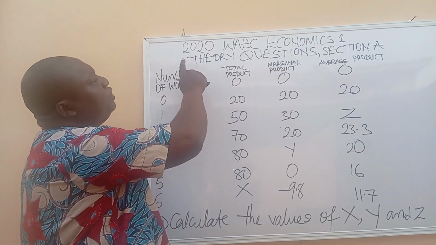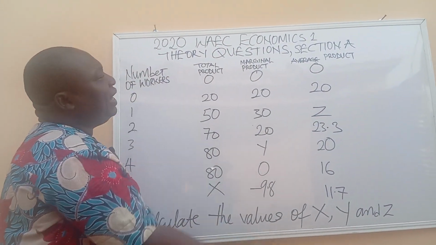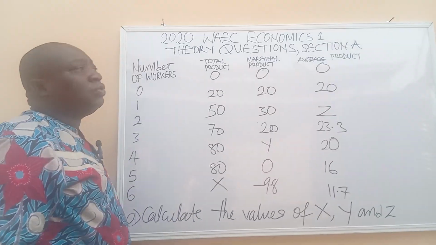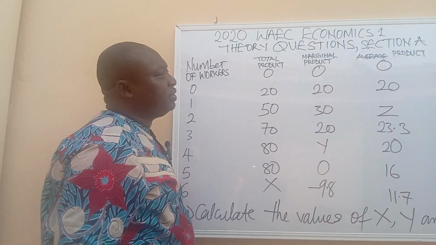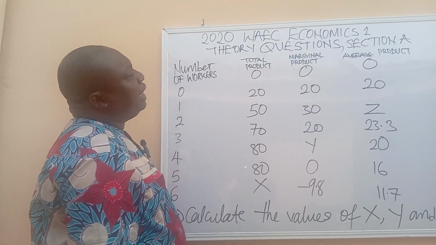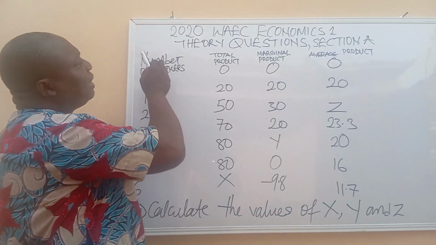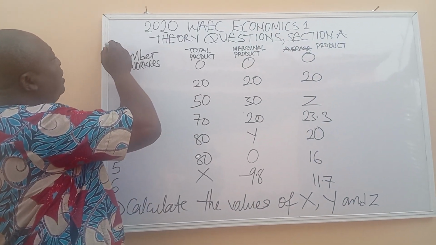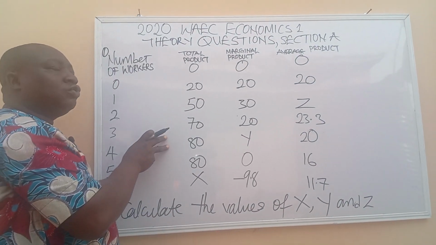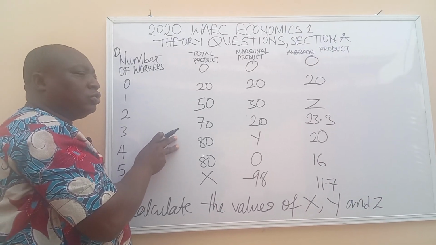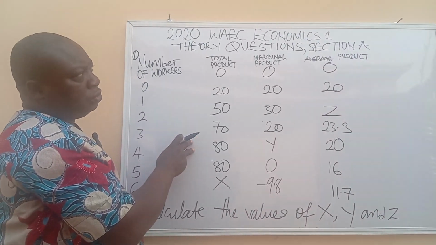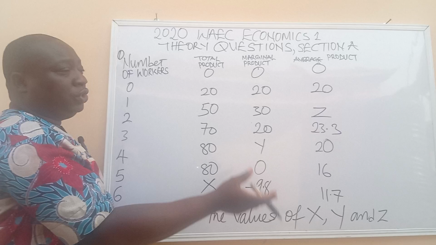Today we are going to be treating 2020 WAEC Economics 1 Theory Questions, Section A. This particular one is number 1. You have two questions that involve calculation.